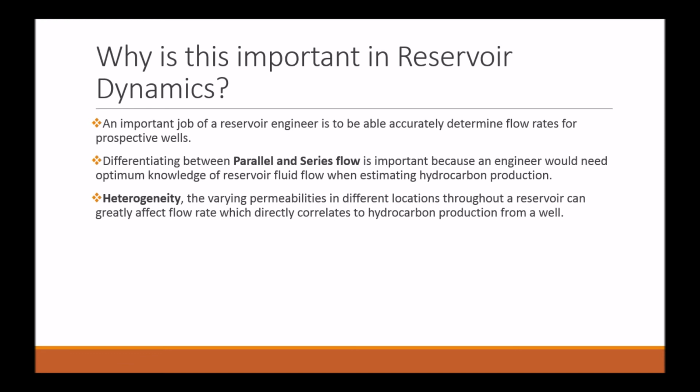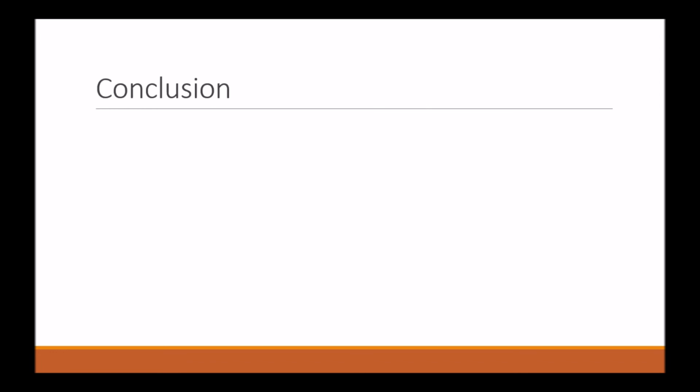Heterogeneity, the varying permeabilities in different locations throughout a reservoir, can greatly affect flow rate, which directly relates to hydrocarbon production from a well. This concludes our presentation on heterogeneity and why it is important to reservoir dynamics.